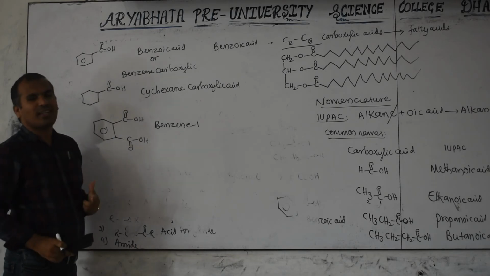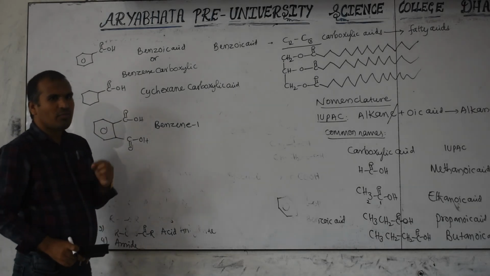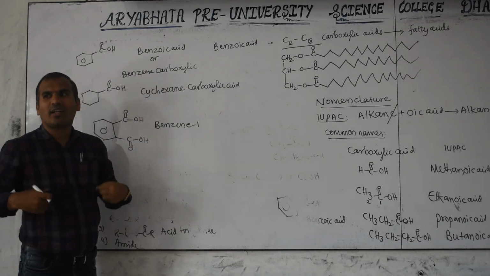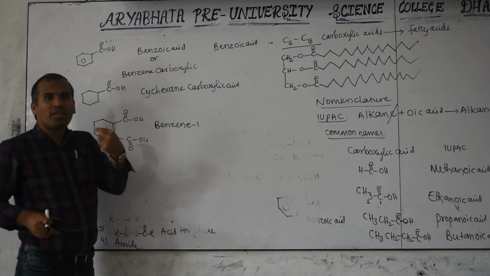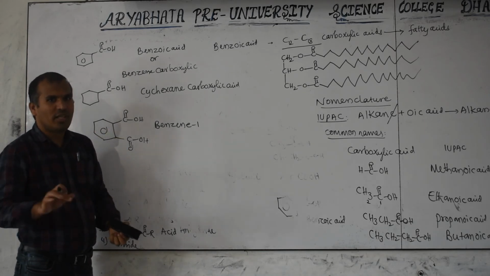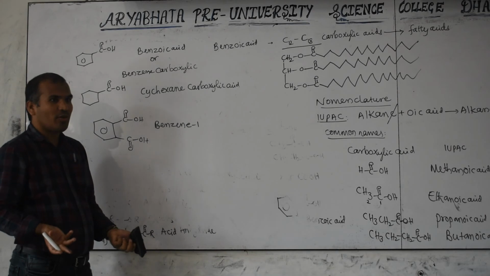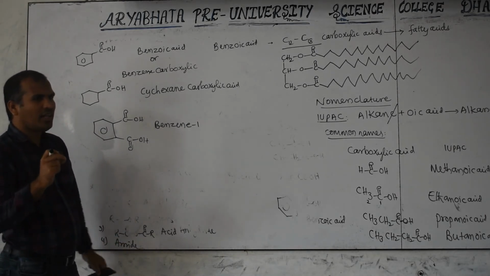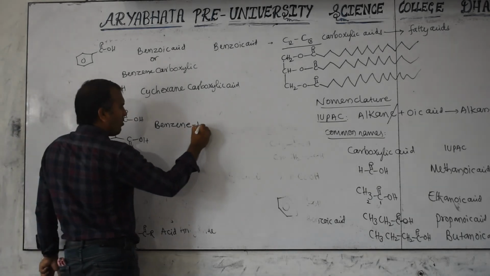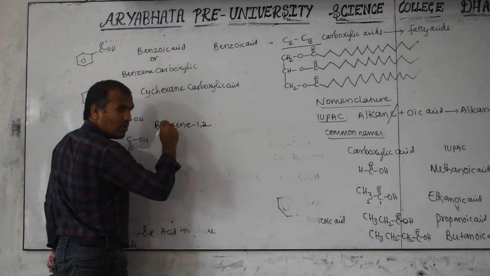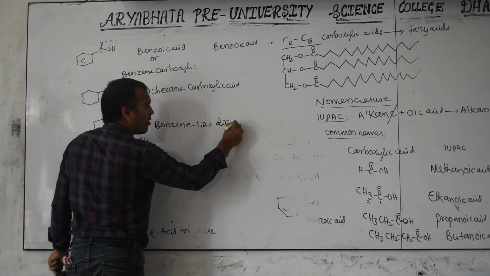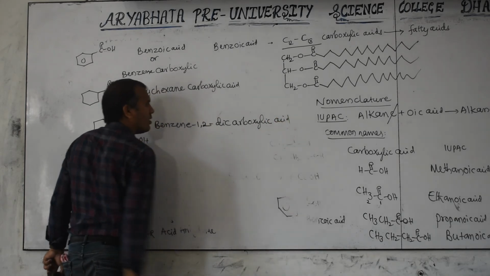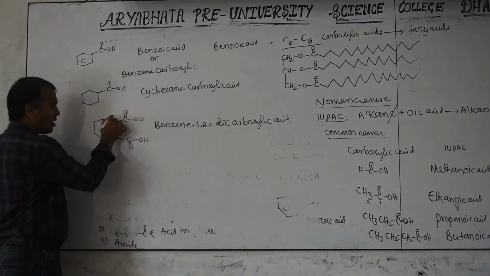In the examination you can't concentrate much on the alphabetical order, and if the first option lacks the E you may take it immediately. Don't do like this; read each and every letter very clearly. Benzene-1,2-dicarboxylic acid, because this is one position, the second position.